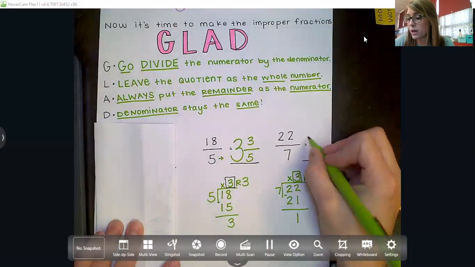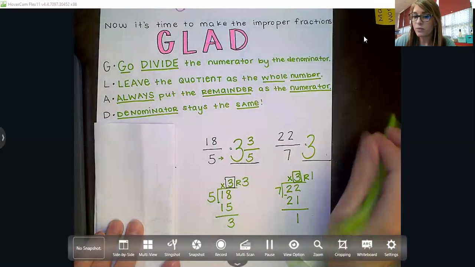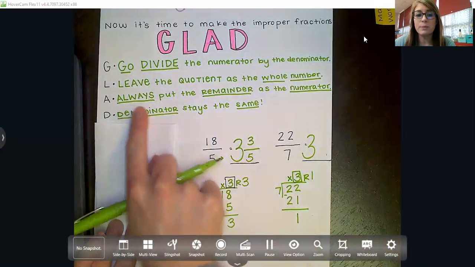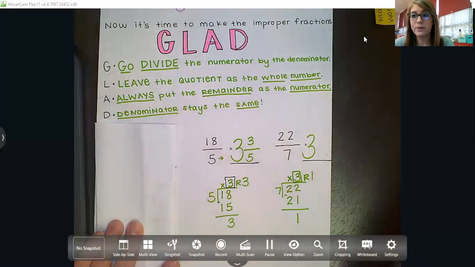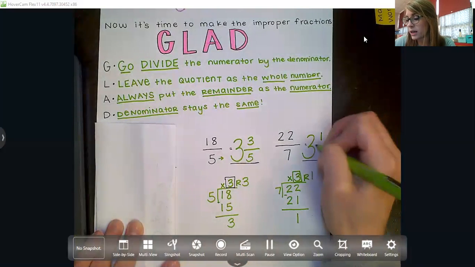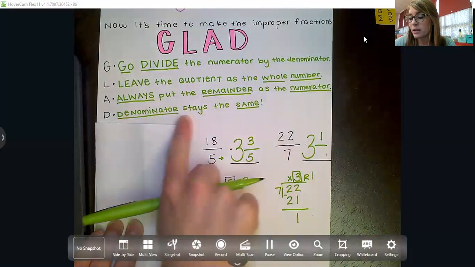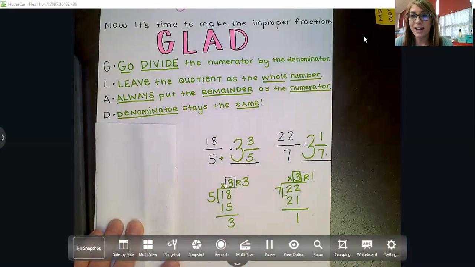So that is going to be my whole number. Very good. Then it says always put the remainder as the numerator. My remainder is what? Very good. The remainder is 1. So I'm going to put my 1 here, and then denominator stays the same for 3 1/7.